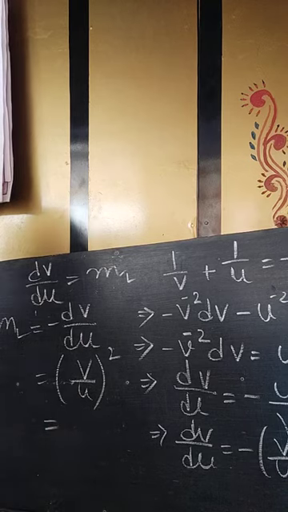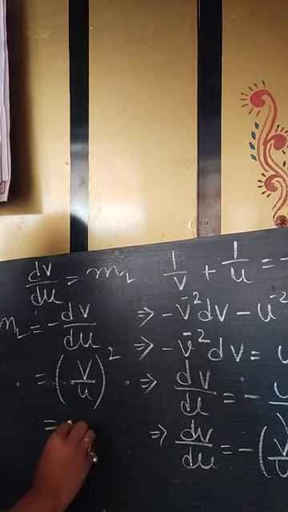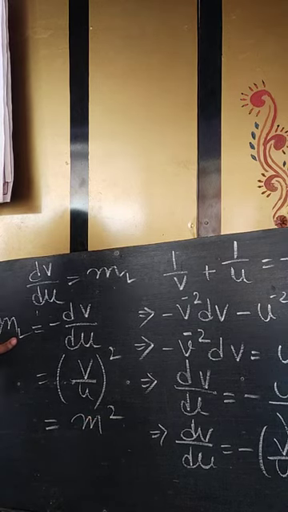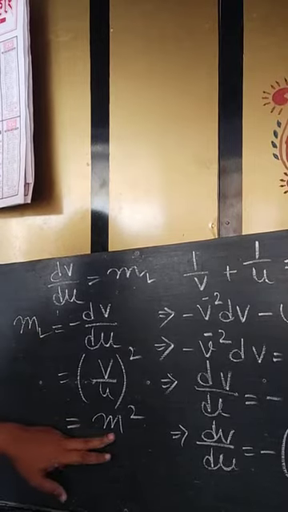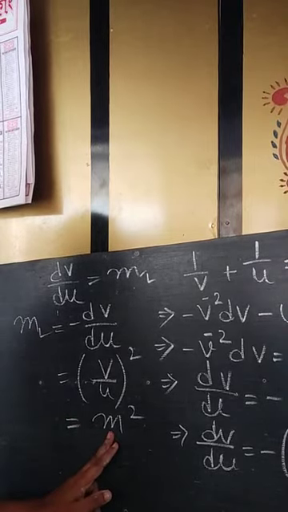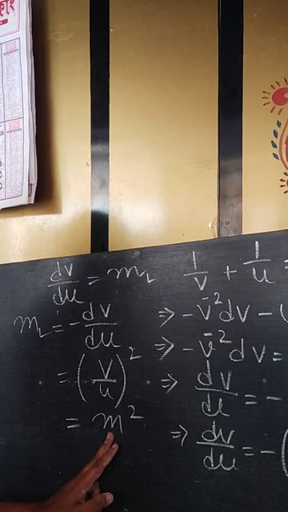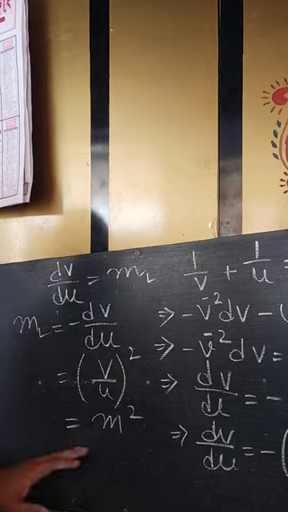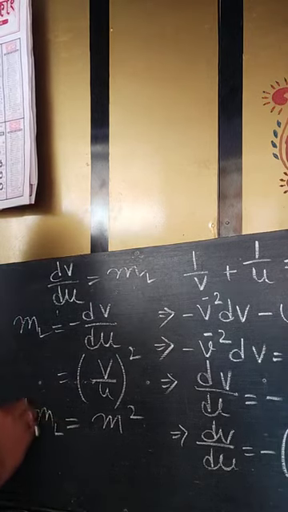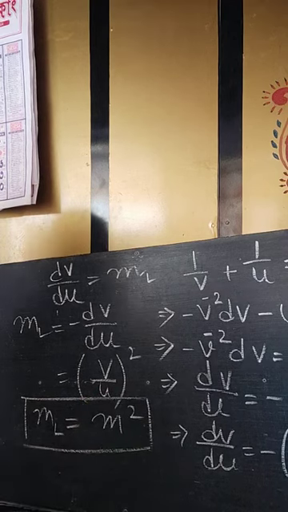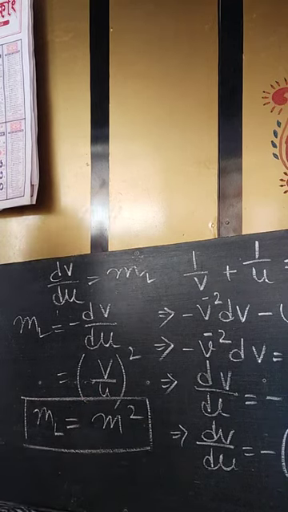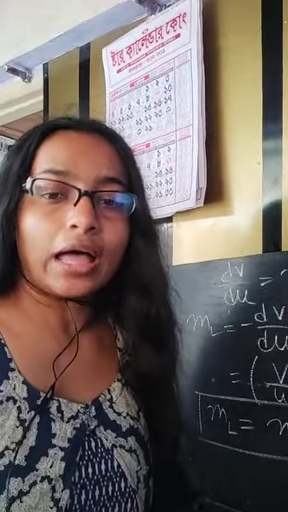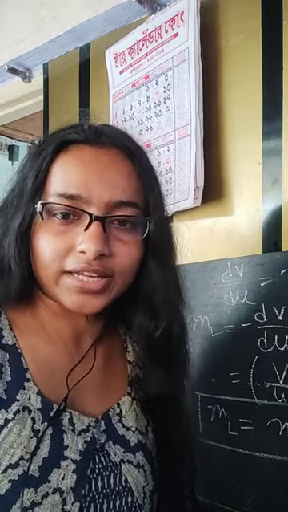So minus m whole square becomes m square. So the longitudinal magnification ML is the square of the linear magnification. This is the general relation between the longitudinal magnification and the linear magnification. Hopefully it is clear to all. In the next video, I will continue with the refraction of light. Thank you.